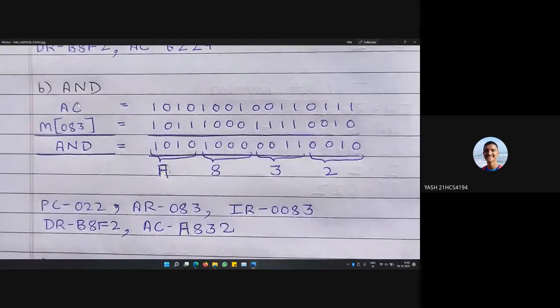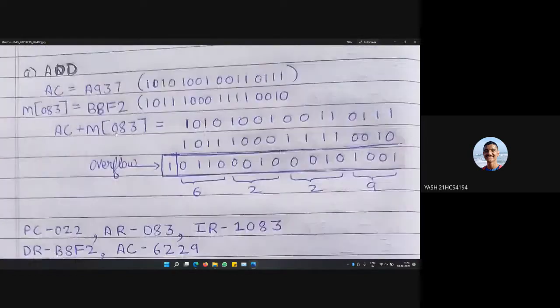So first of all, I have converted the content of AC into binary. You can see here A937: A will be converted into these 4 bits, 9 into the next 4 bits, 3 into the next 4, and similarly 7 into the next 4.